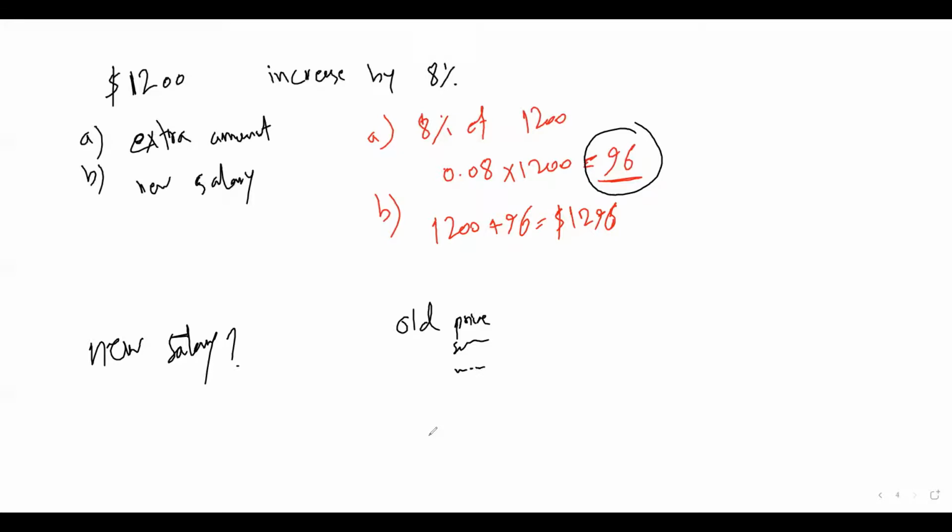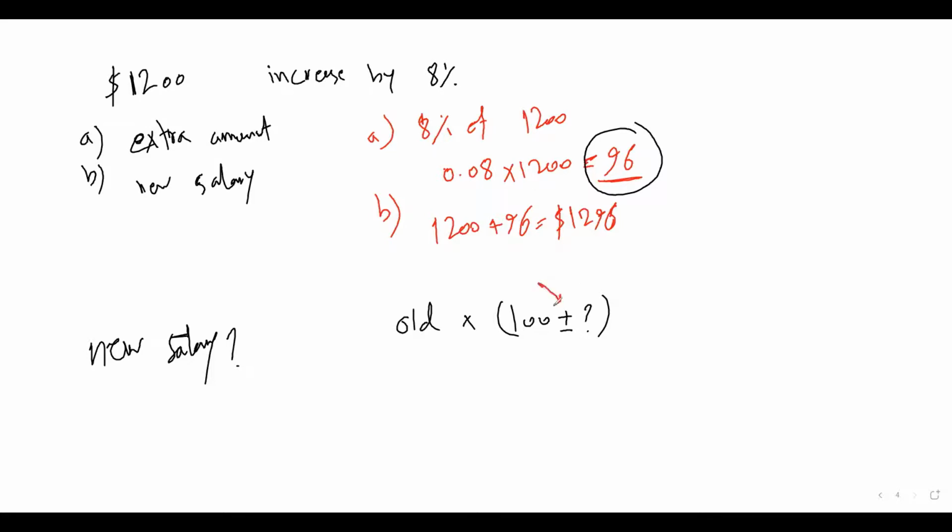So by old, it could mean anything. And then you multiply it, you open a bracket, you have the 100 here, and then you have plus or minus the percentage here, right? So when do we use plus? When do we use minus?